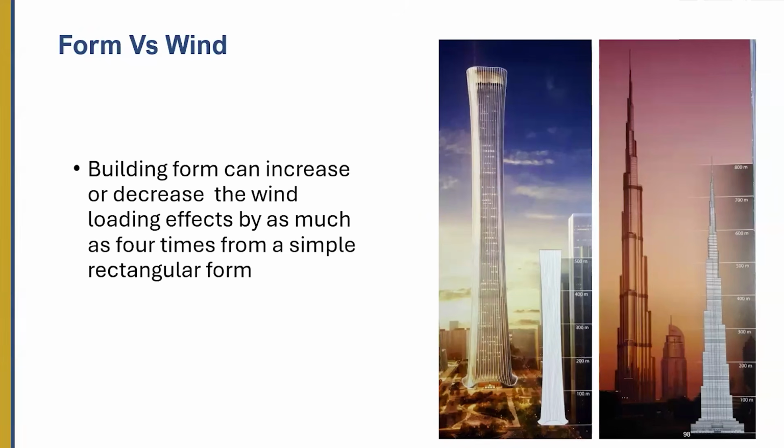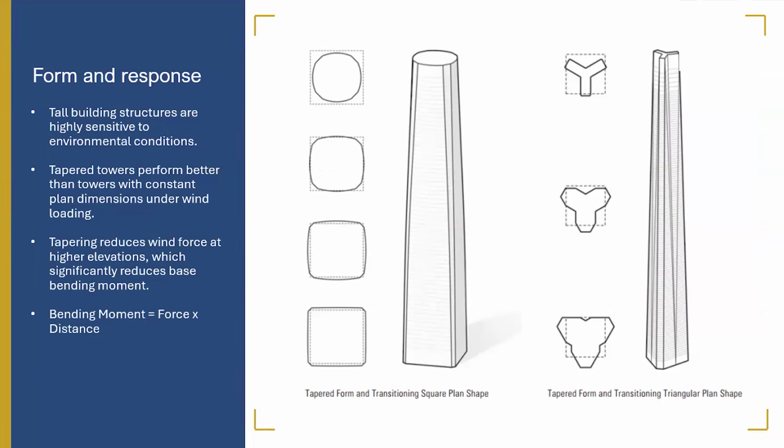So decisions about forms and structural systems are not based purely on cost or economy, because there are many other considerations for tall buildings. Now, form and response. First of all, from this building to that building, you will find many buildings doing that. This is a typical transition of the form from the base to the top.